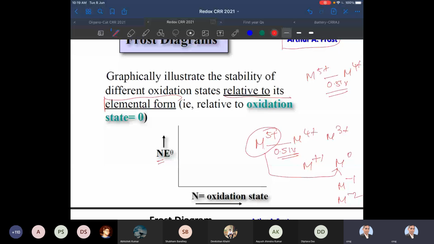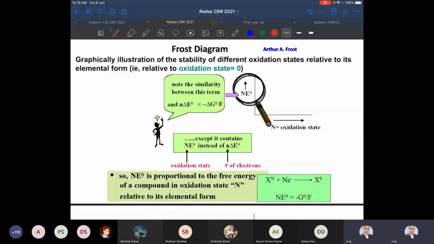Again, I have graphically illustrated. There is a delay. Yeah, now you can see here a graphical illustration of the stability of different oxidation states relative to the elemental form.